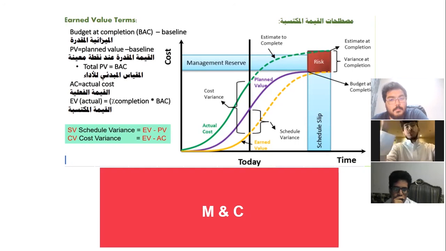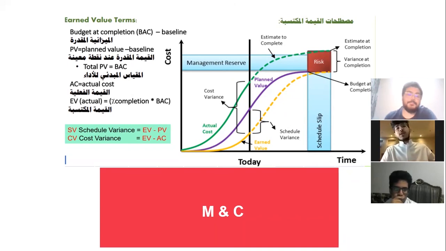The actual cost we will show you in MS Project, and AC actual is the real value. To determine the schedule variance, it's EV minus PV, and the cost variance is EV minus AC. This flow chart is very important to get the idea.